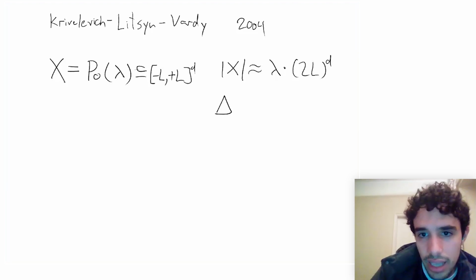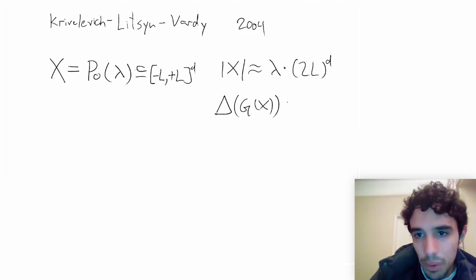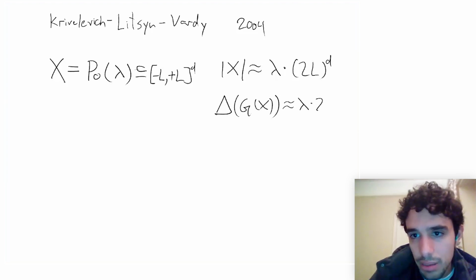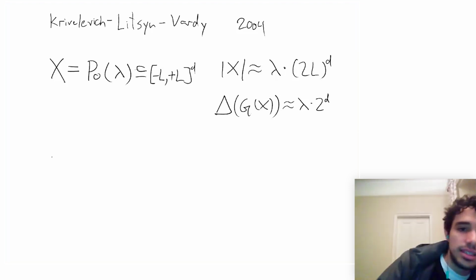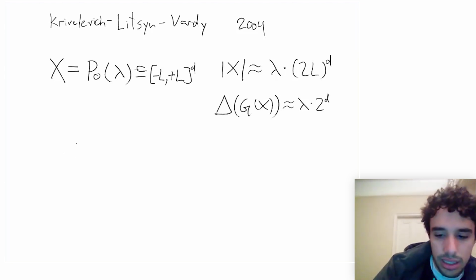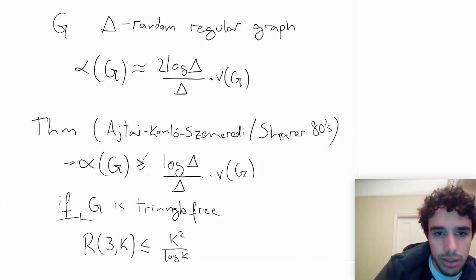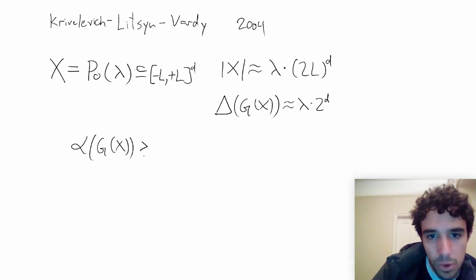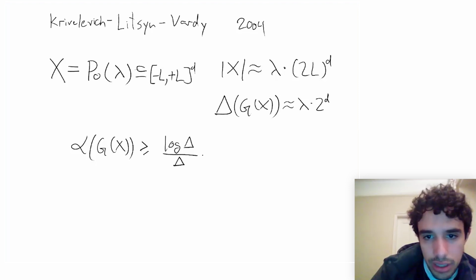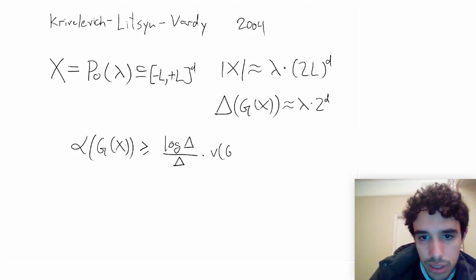And again, we'll have delta of Gx will again be like lambda times 2 to the d. Okay, and so if you plug this term in now, we get that alpha of Gx will basically be at least log delta over delta times v of g.